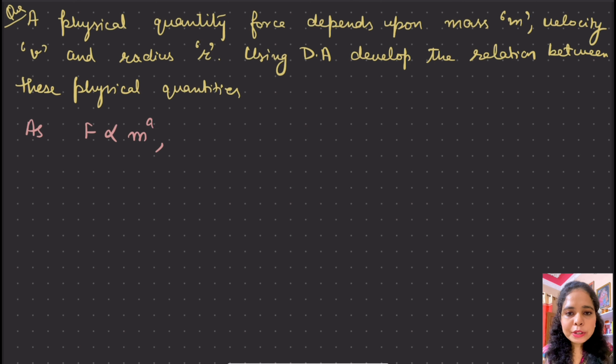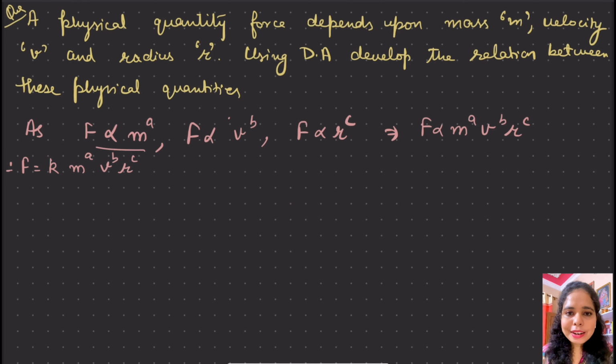As F is dependent on mass, so F is proportional to m raised to power A. Then force is dependent on velocity, so we can write F is proportional to V raised to power B. Also, force is dependent on radius, so we can write F is proportional to R raised to power C. So this implies we are having a formula F is equal to m raised to power A, V raised to power B, R raised to power C. We have to remove the sign of proportionality, therefore we have a relation F is equal to K m raised to power A, V raised to power B, R raised to power C.